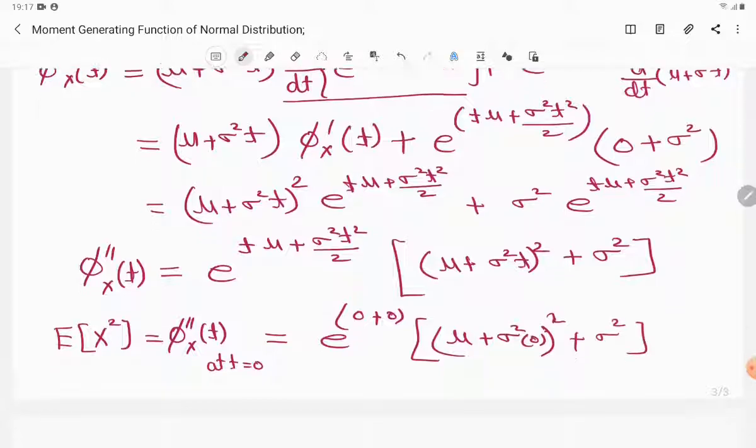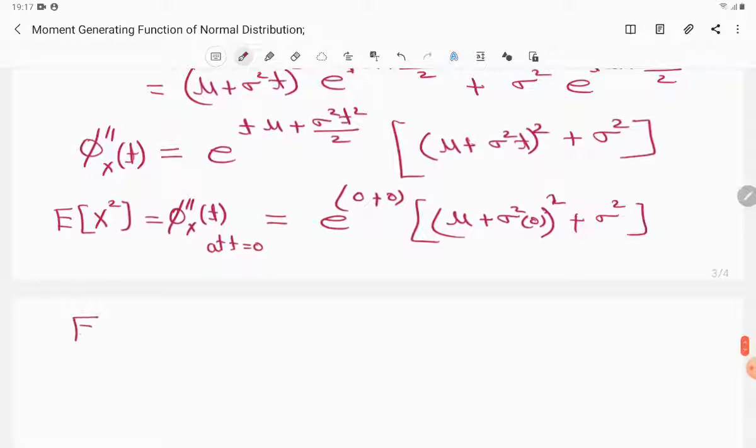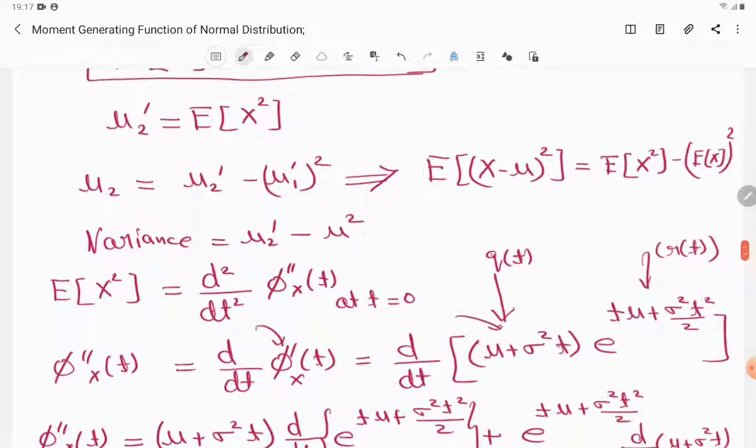If you evaluate it, you will find that E of x square comes out to be e power 0 plus 0, that is e power 0, that is 1, so that goes out, and inside you will have mu square plus sigma square. Now just see this once again.